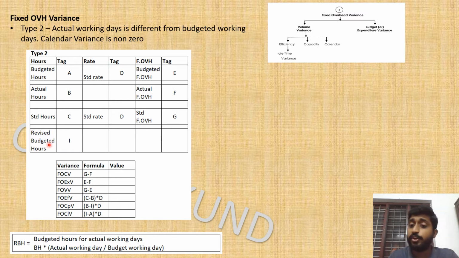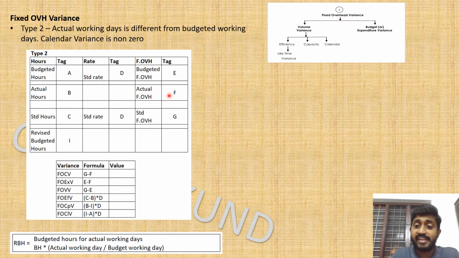Here we are going to use the revised budgeted hours. So there is a little change in the formula for the capacity variance, and for calendar variance a new formula is also added here. So here I have given the formula. Cost variance, as usual, is standard fixed overheads minus actual fixed overheads. Expenditure variance is very simple: budgeted fixed overheads minus actual fixed overheads.